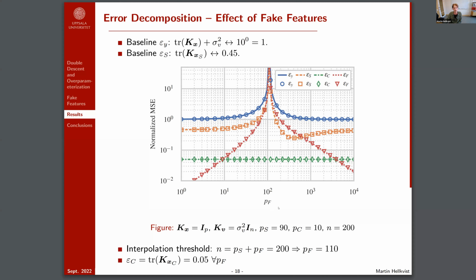So then PF plus PS is equal to n, which is 200. So that is where we interpolate the training data. So you see this peak comes just there with PF equals 110. So as I said, as we increase the PF to push the problem into being overparametrized, we see this second descent in the test error.